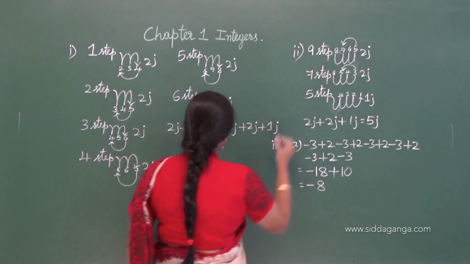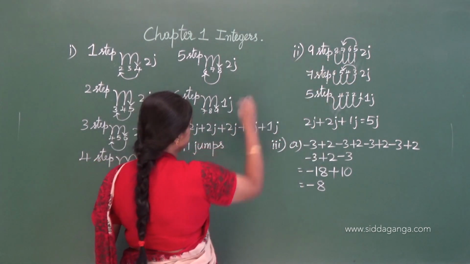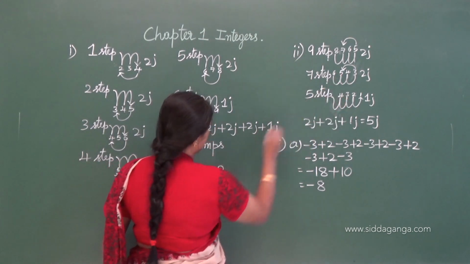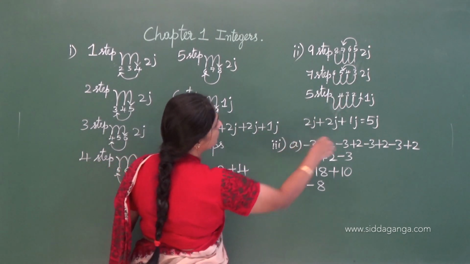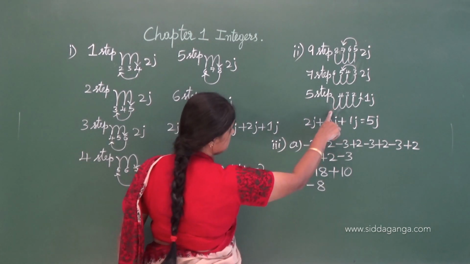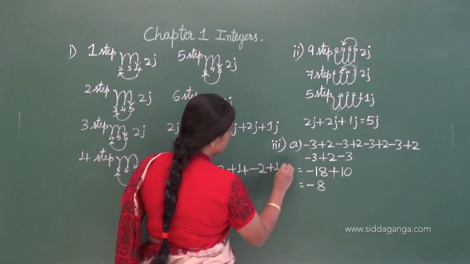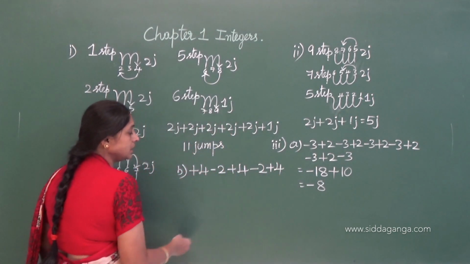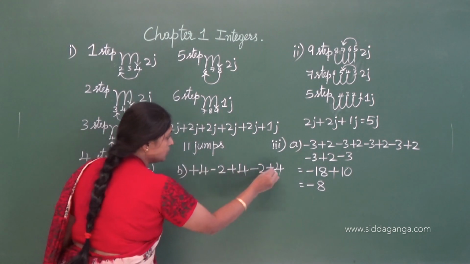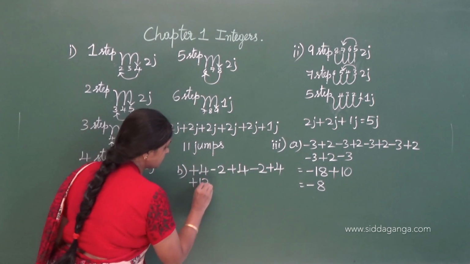1, 2, 3, 4. So plus 4 minus 2. Plus 4 minus 2, and for the third jump it takes plus 4. Add the positive integers and negative integers. It's 3 times plus 4, 3 4s are 12, plus 12.